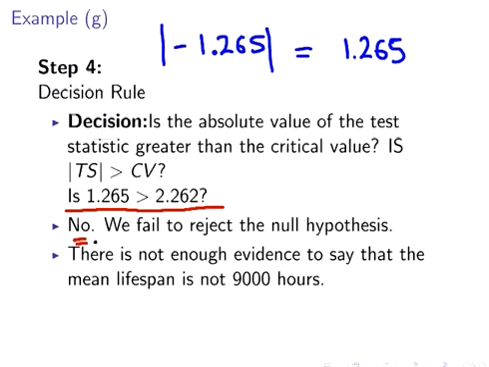There is not enough evidence that the mean lifespan for this brand is not 9,000 hours. We just seem to have got quite a few short lifespans. Otherwise, we have made a type 2 error. Anyway, that is the end of this.